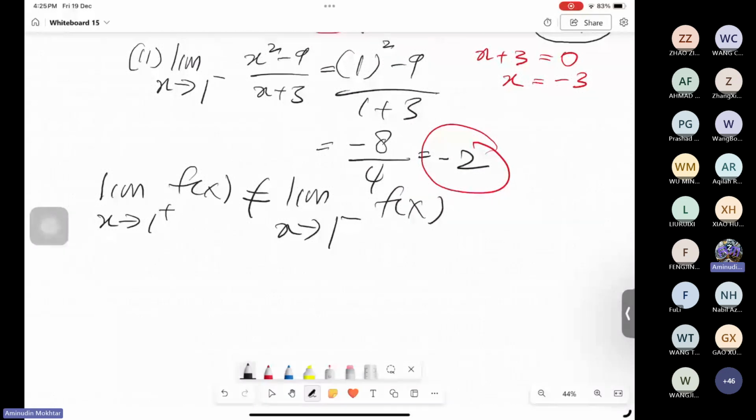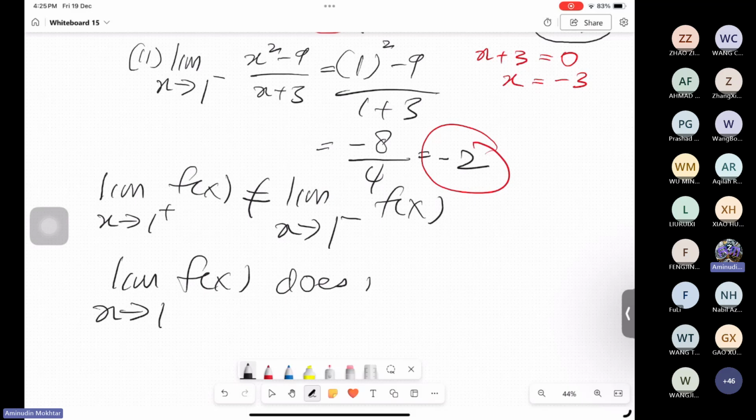Since they are not equal, the limit does not exist. So the limit of f(x) when x approaches 1 does not exist.